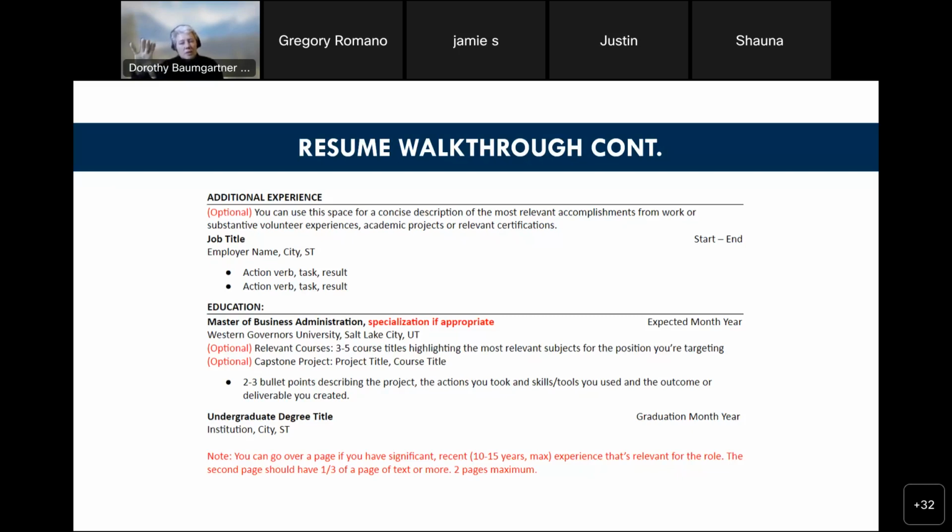So it's kind of a bundled representation of the work that you've done rather than just having it look like a bunch of different jobs in a row.